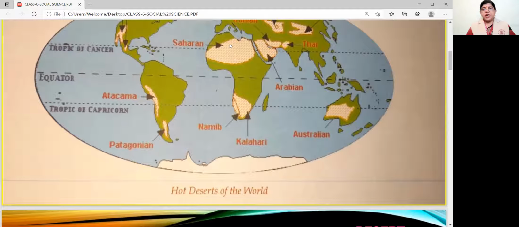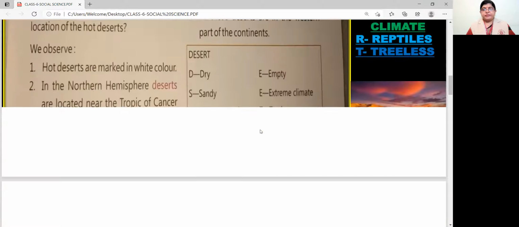Sahara Desert, largest hot desert in the world, and it lies in northern Africa. Can you see it? This is northern Africa. And Namib and Kalahari are in southern Africa. Next.